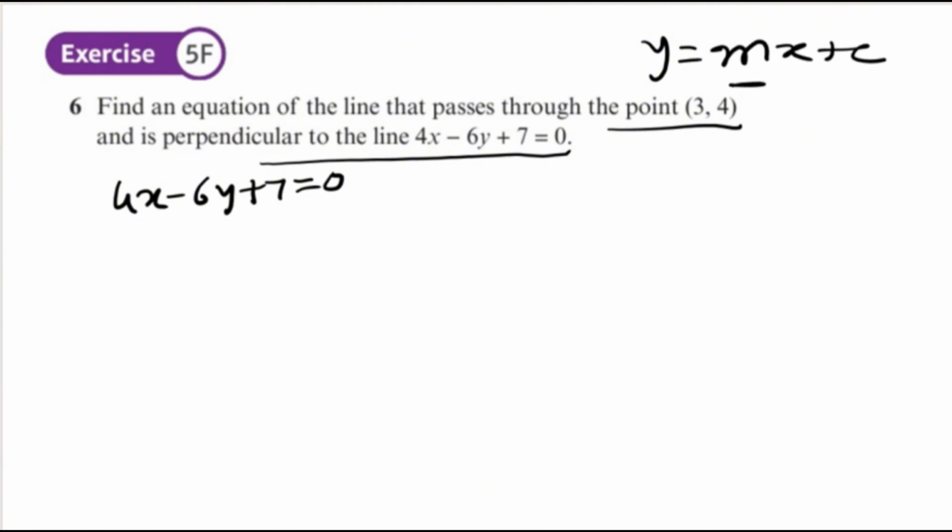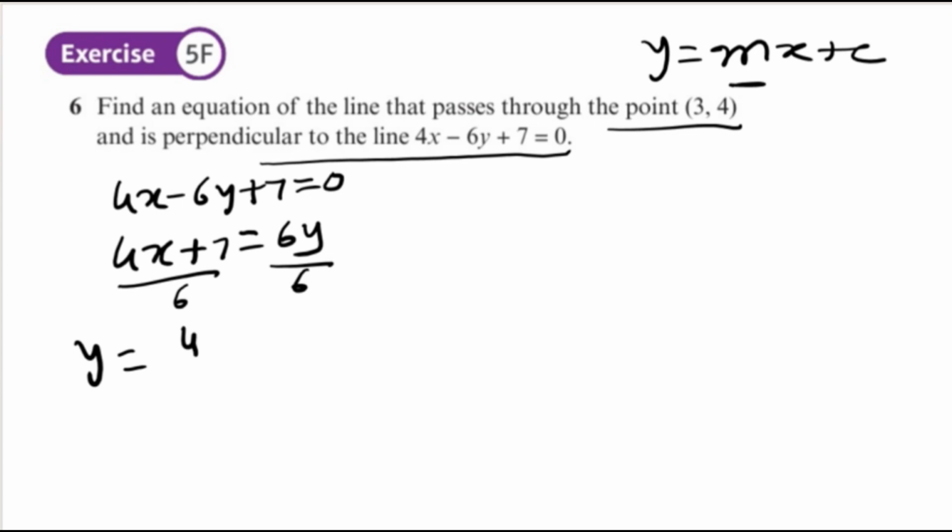So what we can do is 4x + 7 = 6y. Now divide by 6 on both sides. So y = 4 over 6 x + 7 over 6. You can still simplify, which is 2 over 3 x + 7 over 6.